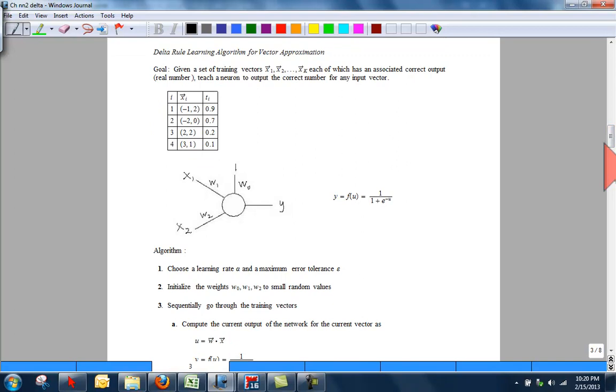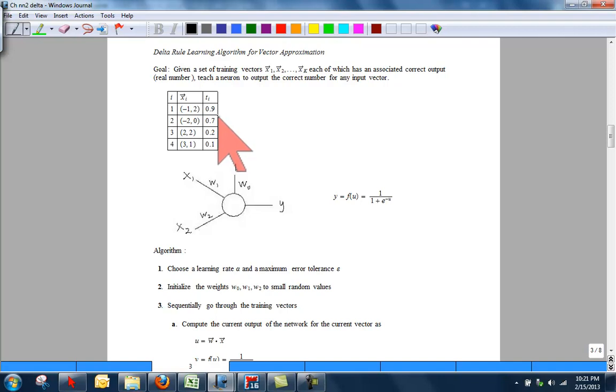Still using neural networks, but the question now that we want to ask or solve is different. Here are a number of inputs that I would like to learn with a neural network.